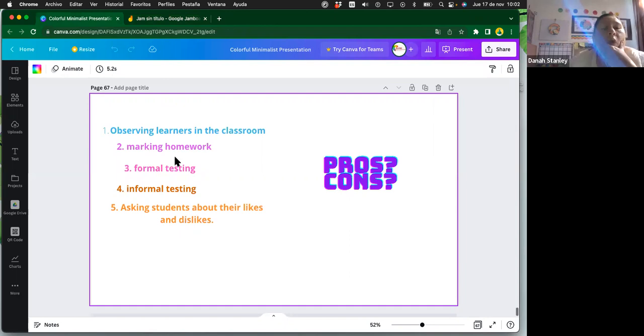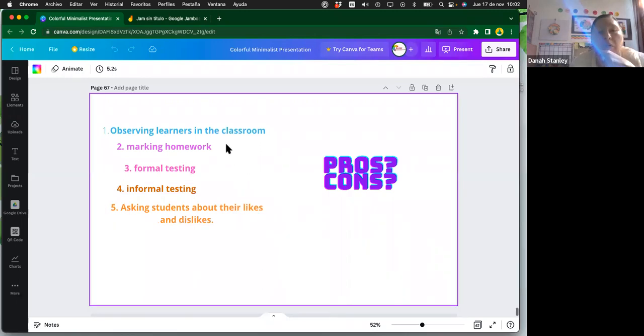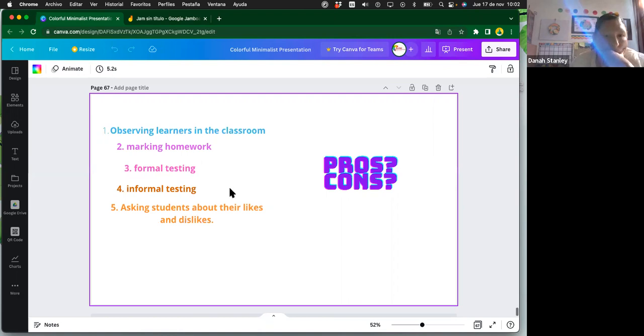Marking homework. What are the pros and cons of taking marking homework into account?